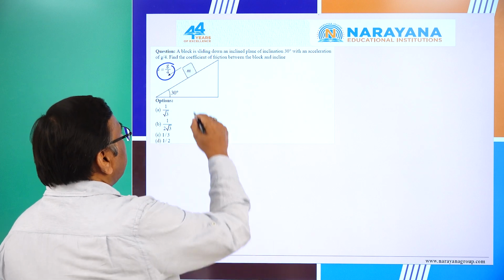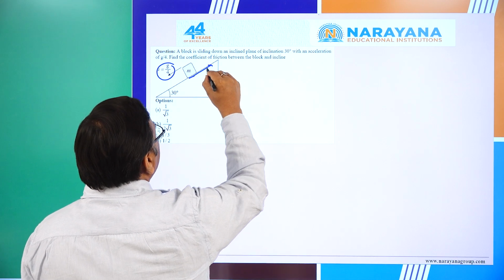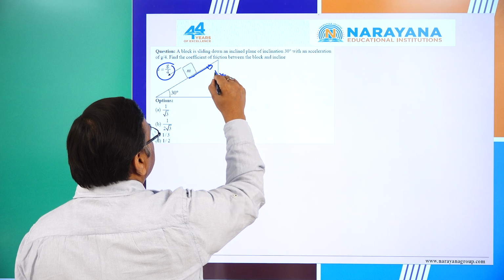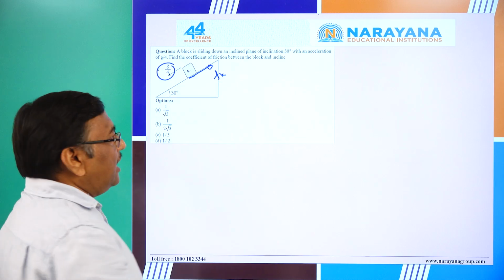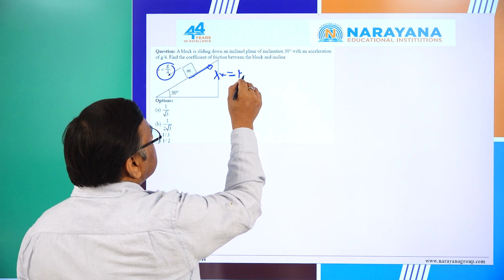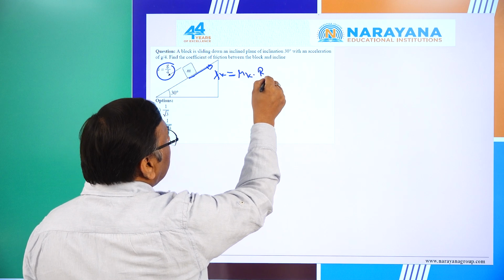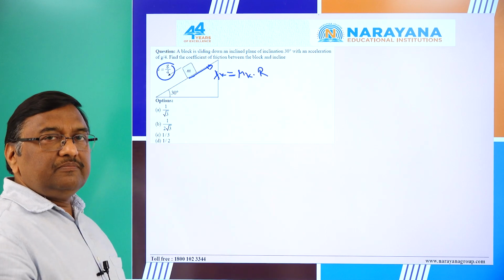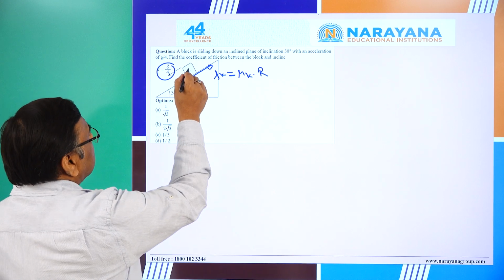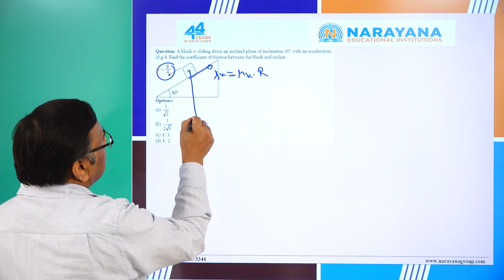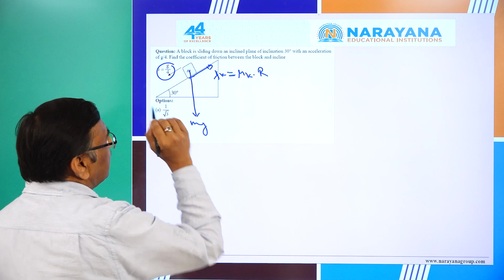If you go for the free body diagram for this body, this is the direction of my kinetic friction force. And kinetic friction force, we know very well, is the coefficient of kinetic friction into the normal reaction of the surface. The gravitational force acting on this body is vertically downward, that is mg.